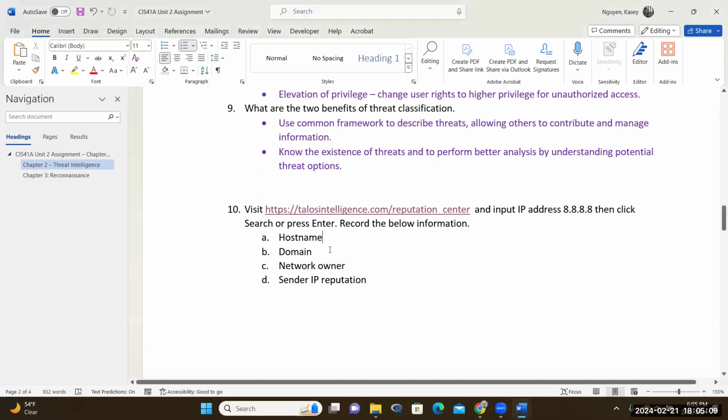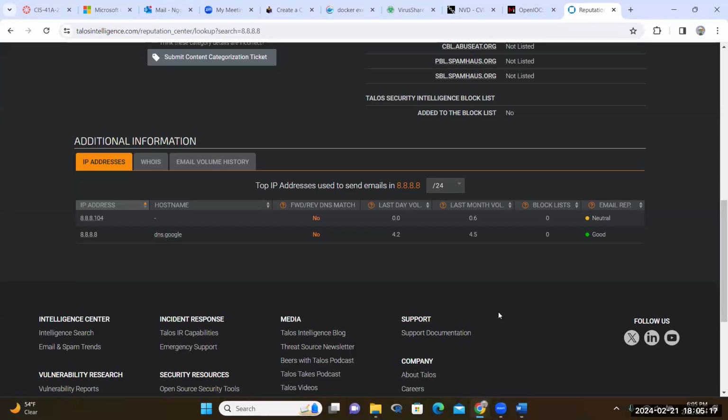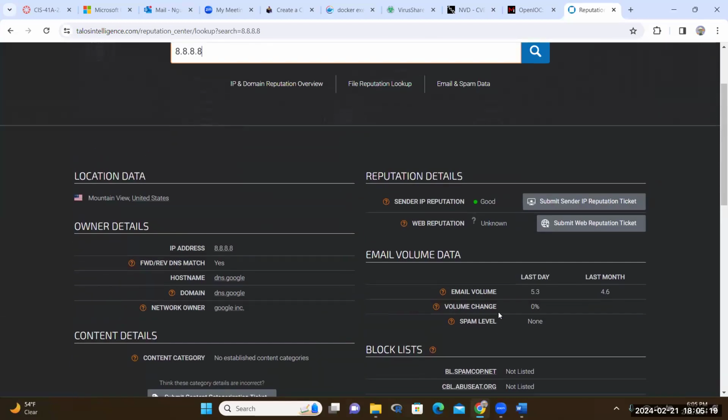So we have a host name, we have a domain, we have the owner for that particular network, and the sender IP reputation. So look at that page. And it's good. Sometimes you get unknown. So there are ratings.